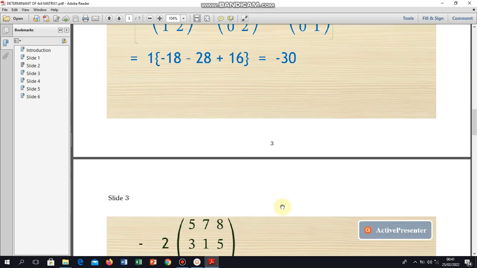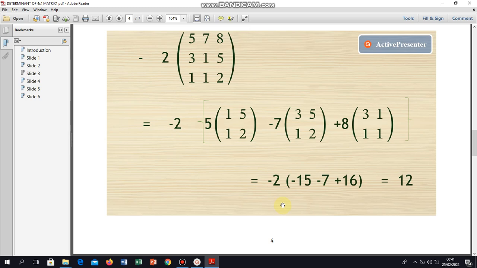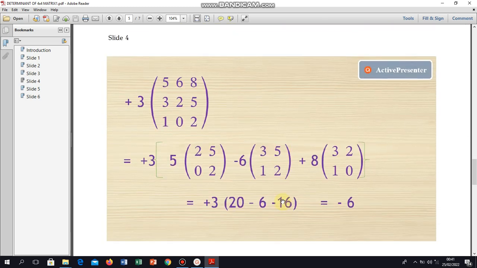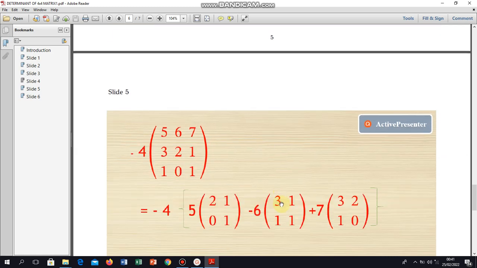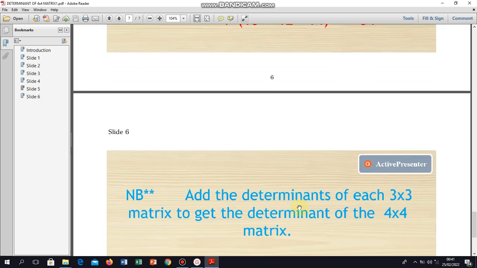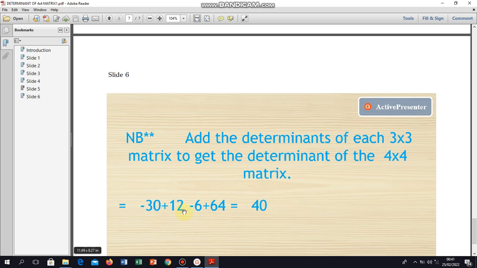So we pick negative 30 plus 12 here, then plus negative 6, then plus 64 lastly. So that's what exactly I did here, negative 30 plus 12, negative 6, then plus 64. I obtained 40 as the determinant of a 4 by 4 matrix.